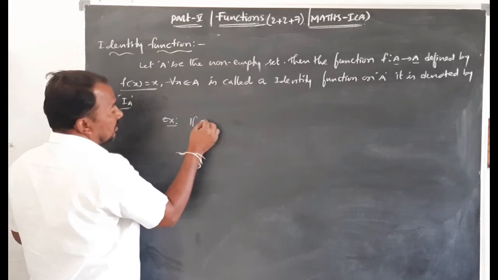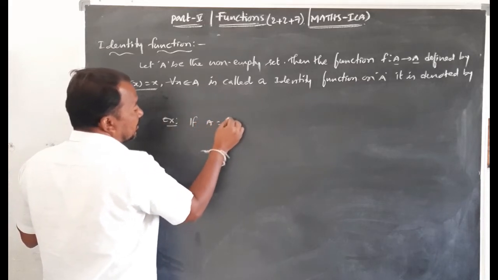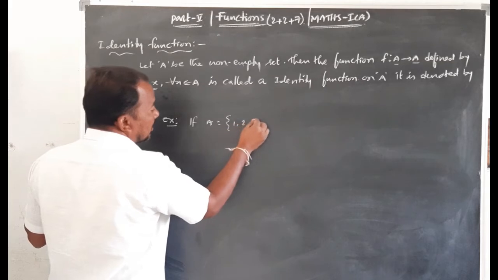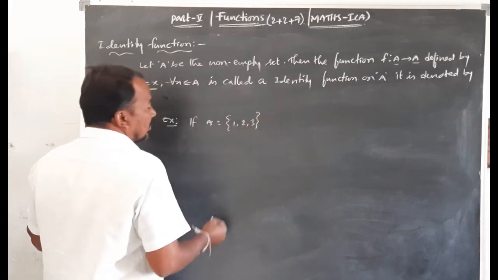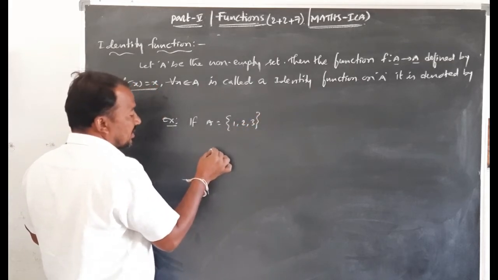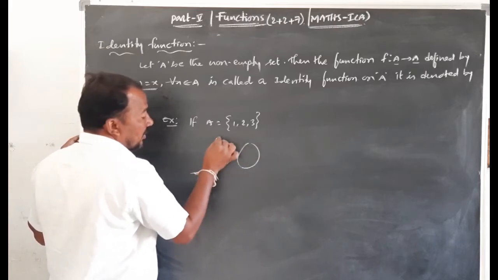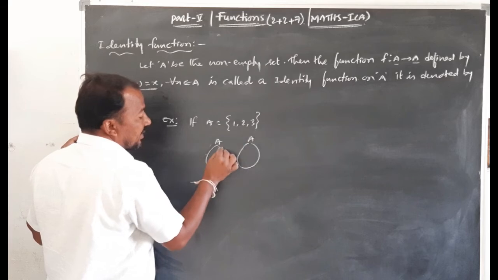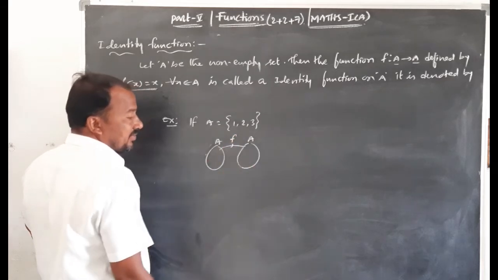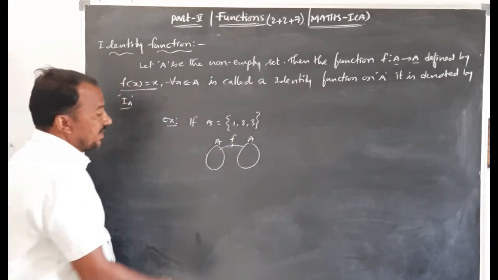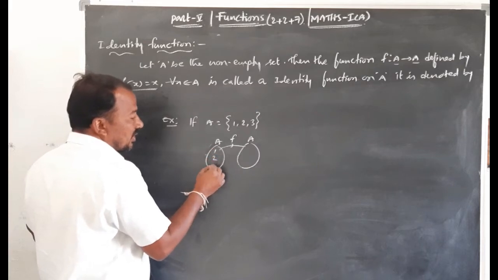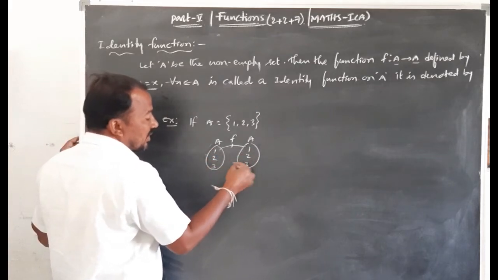If A equals the set {1, 2, 3}, so the identity function from A to A, a relation between A and A: 1, 2, 3 and 1, 2, 3.